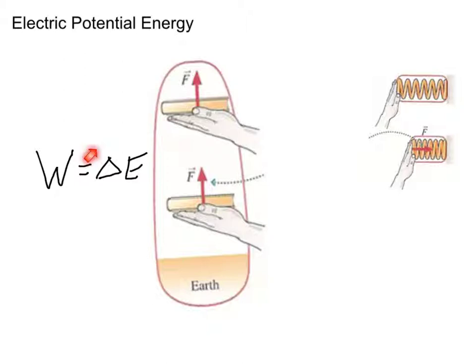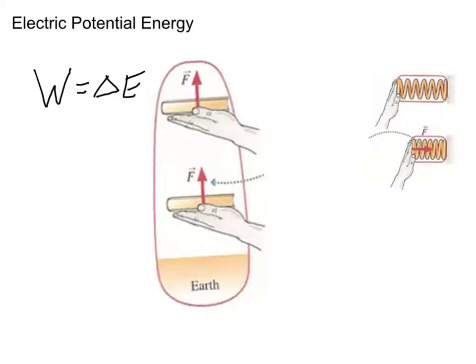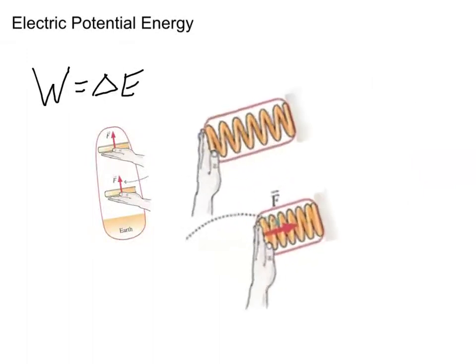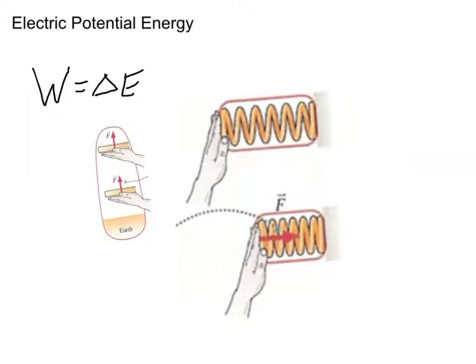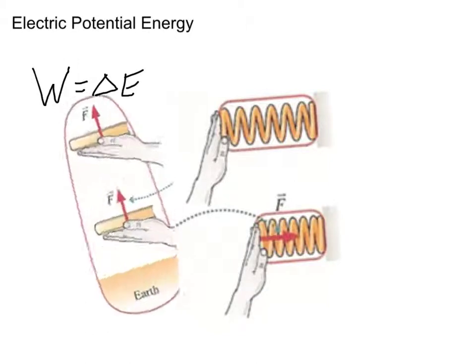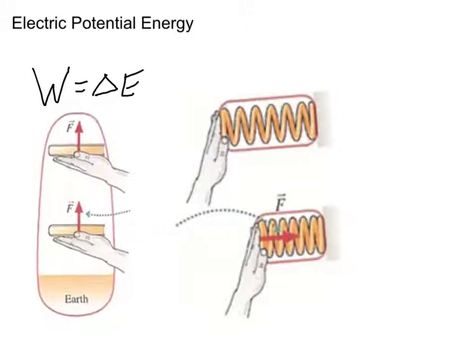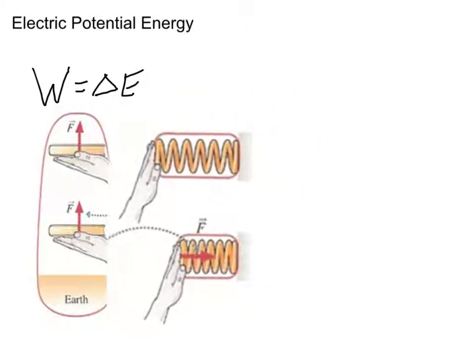We say then that the work is equal to the change in energy. And we can pretty much say the same thing about springs. When you compress a spring, you increase its potential energy. The work that you do compressing it is equal to the increase in that spring potential energy. So in both these cases, an external force is applied and work is done. This work represents a transfer of energy from the environment to the system.